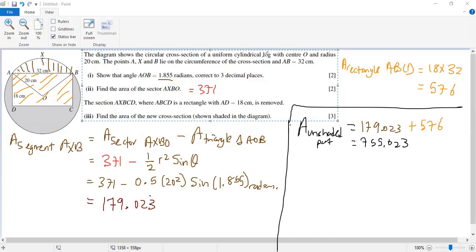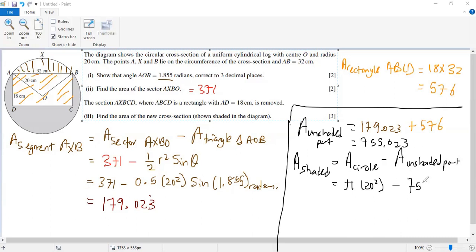So finally, we can calculate the area of the shaded. It becomes a bit simpler at this point. It must be the area of the entire circle minus the area of the unshaded part. The only last thing we need to calculate is pi r square for the area of the circle, which is pi times 20 square. And the unshaded part, we just pick up the value you just calculated, 755.023.